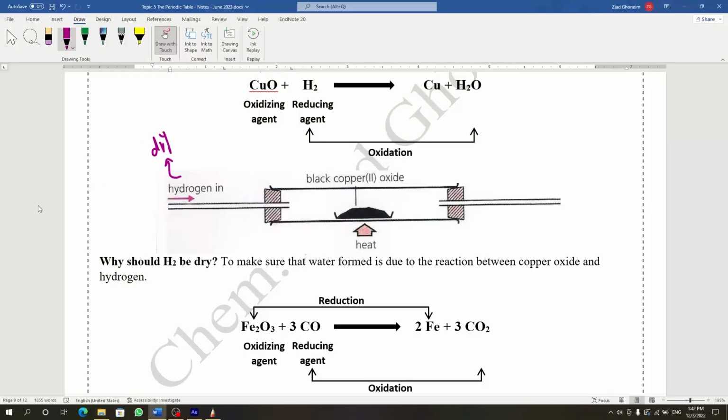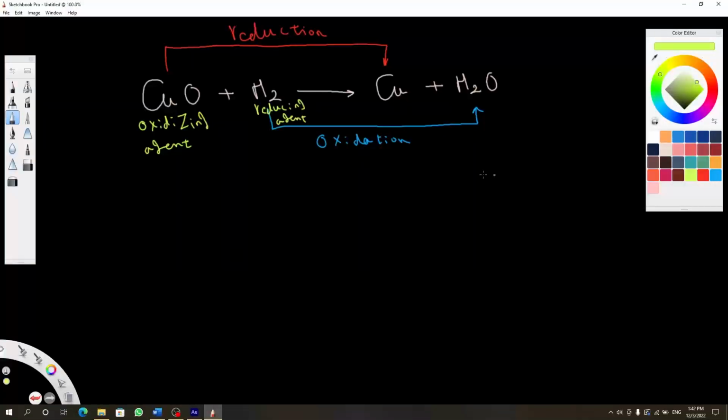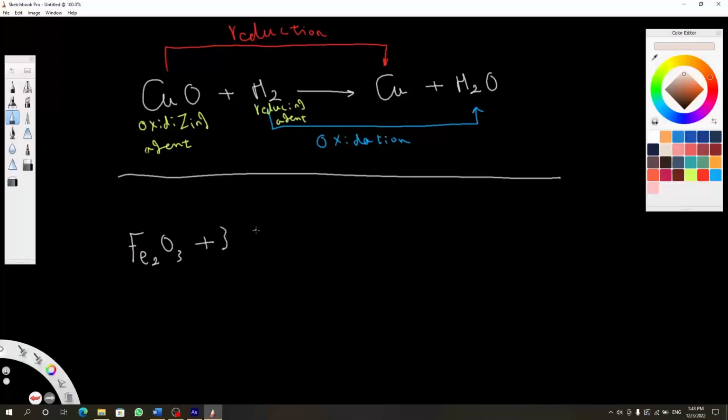Now let's take another example on the oxidation and reduction. Okay, here we have iron oxide plus carbon monoxide. This reaction would yield iron and carbon dioxide.